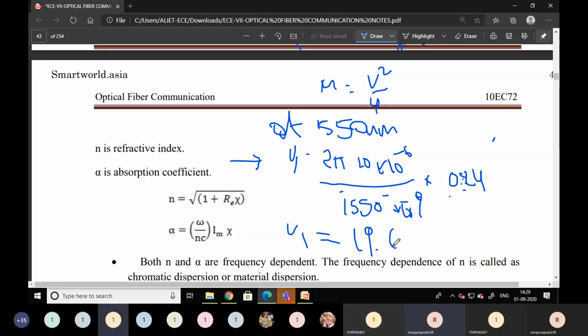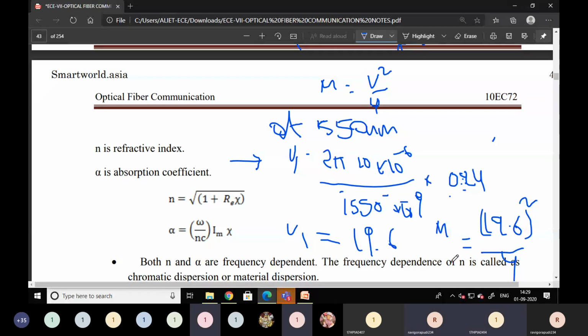That is V1, 19.6. From this you can find the number of modes at 1550, which is V square by 4, nothing but V1 square by 4. 19.6 whole square by 4. Tell me the answer. 96.92, sir.